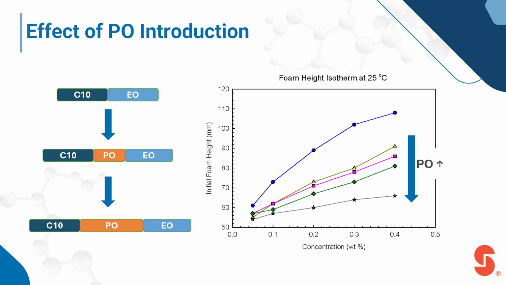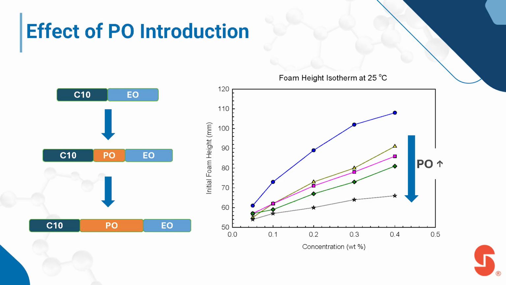We prepared a C10 ethoxylate, and then we added PO as a PO extended surfactant, and we increased the PO group, and then we measured the foamability as a function of concentration. The blue curve is without the PO. If I use more surfactant, then I'll have higher foam. Perfect, that's what you expect.